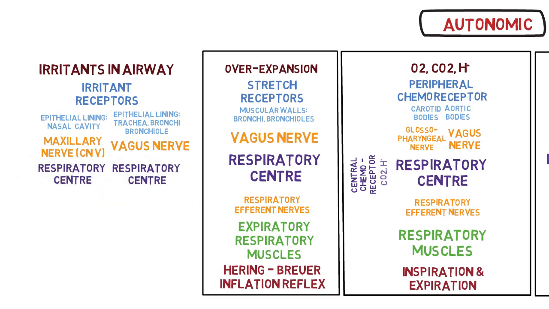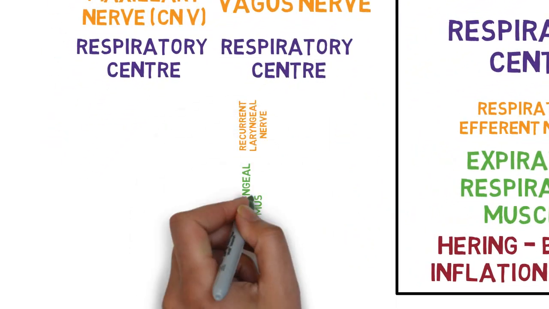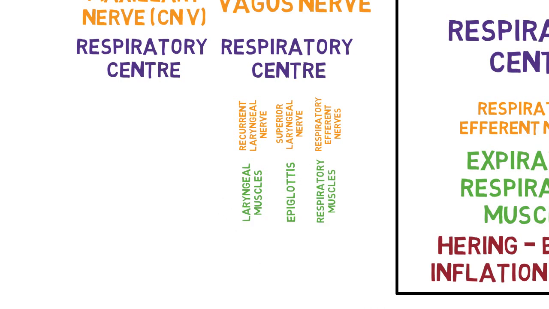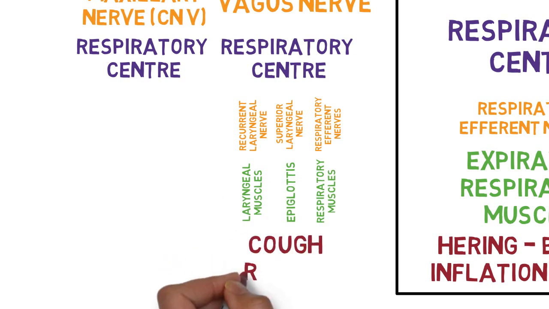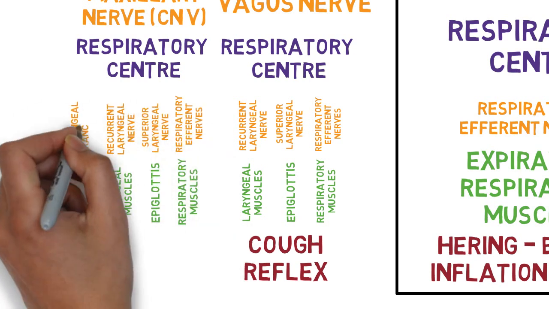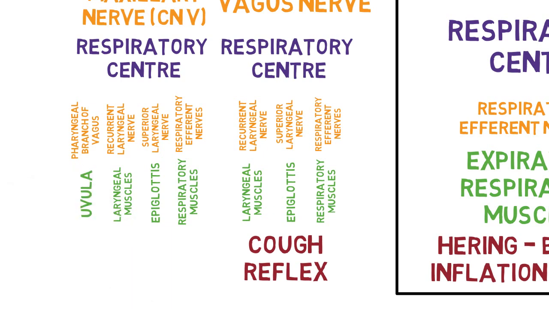Then our centers send a sequence of muscular reaction involving the laryngeal muscles, the epiglottis and respiratory muscles according to these efferent nerves, and these will initiate a cough reflex. And a similar reaction occurs in sneeze reflex, but involving more muscles such as the uvula.